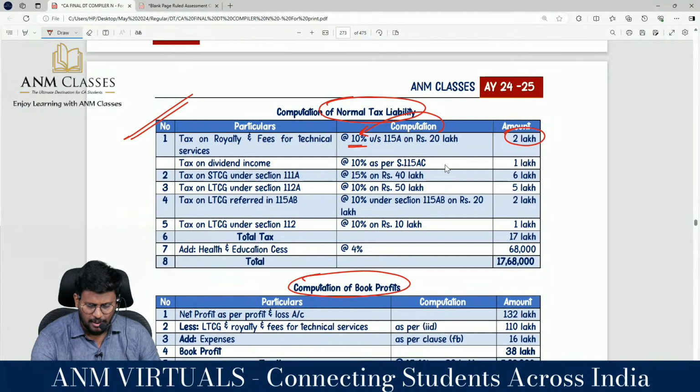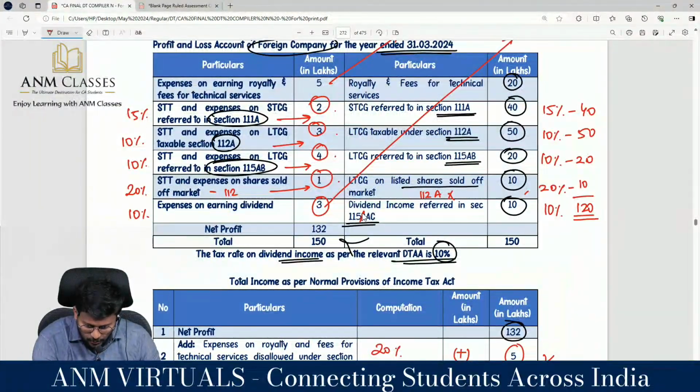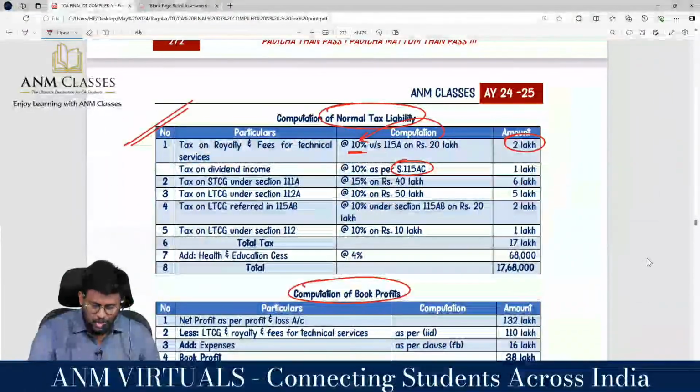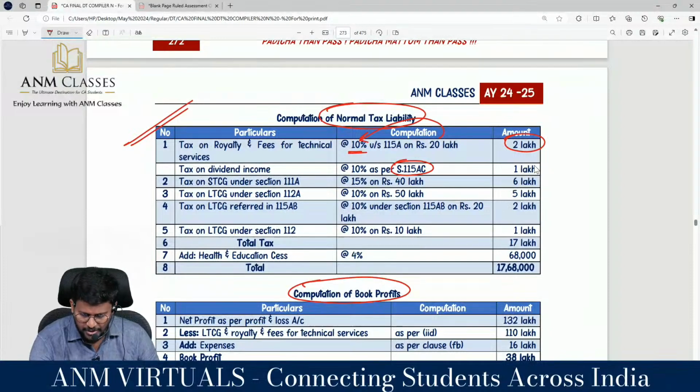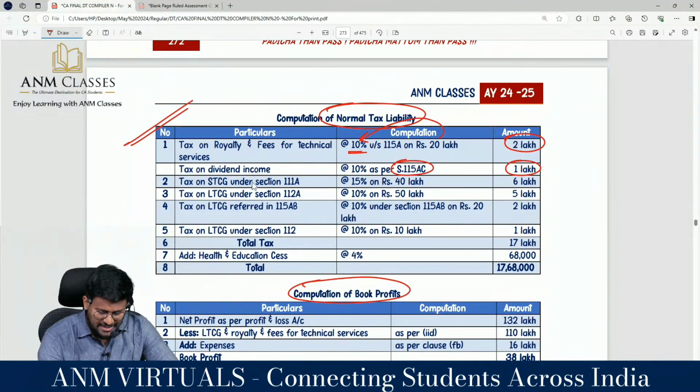Tax on dividend income under 115AC, sir, here it has been given as BAC, yeah, it is 115AC. BAC is only applicable for a normal individual, yeah, right. 115AC, we know that GDR is 10%, which is 1 lakh on dividend income. Tax on STCG under 111A, 40 lakhs at 15% comes to 6 lakh. 112A, sir, 50 lakhs at 10% comes to 5 lakh.